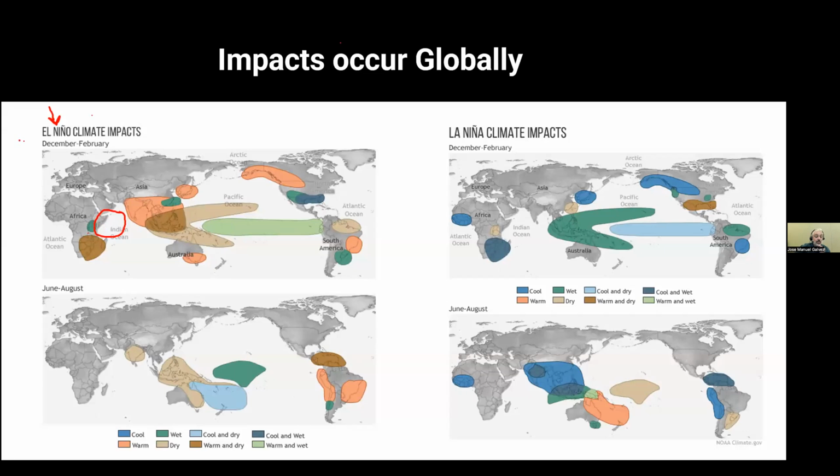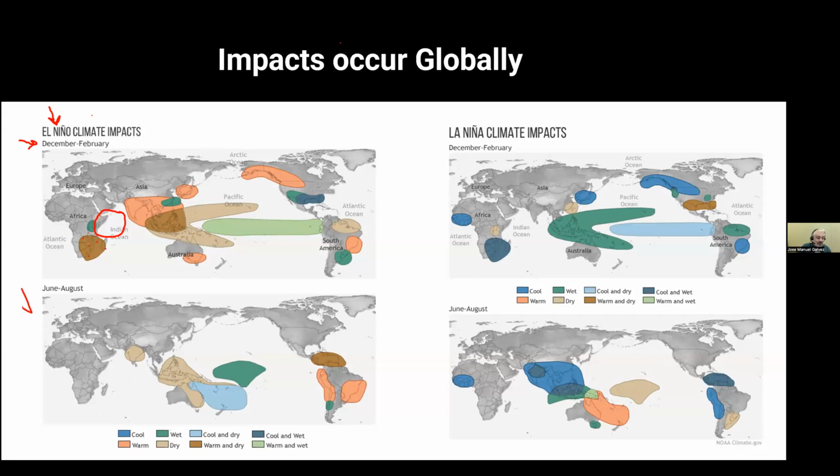If you're between December and February and you have an El Nino, you will tend to get wetter conditions in equatorial Eastern Africa. However, in Southeast Africa, this will be Mozambique, South Africa, Madagascar, Zimbabwe, Botswana, and Zambia, you will actually get drier conditions during December to February.